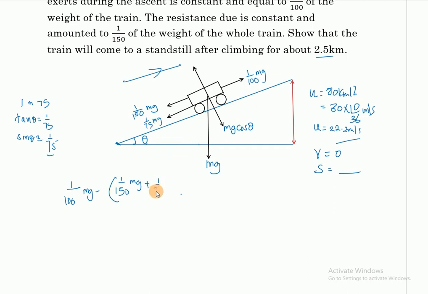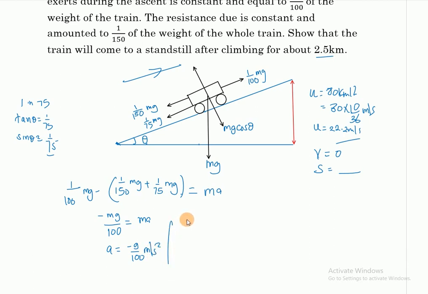So this 1 over 75 times mg, everything should give us ma. And when you work this out, you are going to get negative mg divided by 100 equal to ma, implying that a is equal to negative g over 100, in meters per second squared.